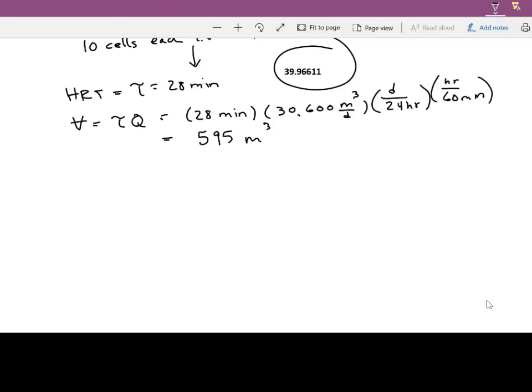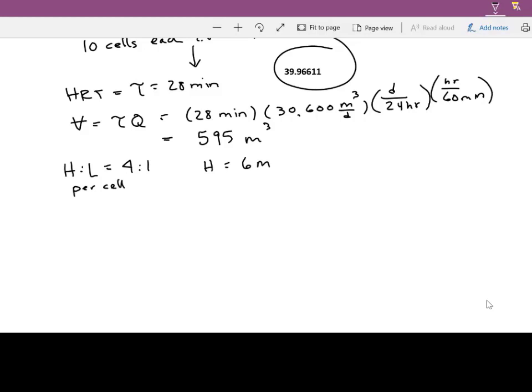Now, so we've got the volume. Now, in order to size it, according to the textbook, the height to length ratio per cell should be equal to 4:1. So we'll let the height equal to 6 meters.